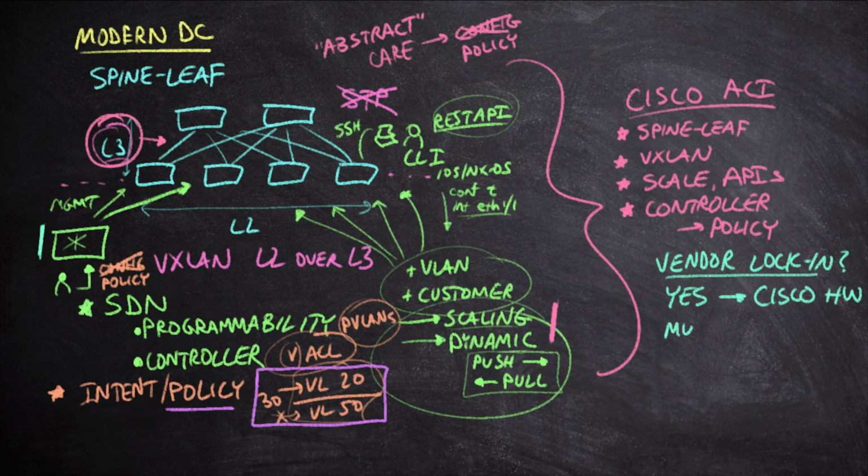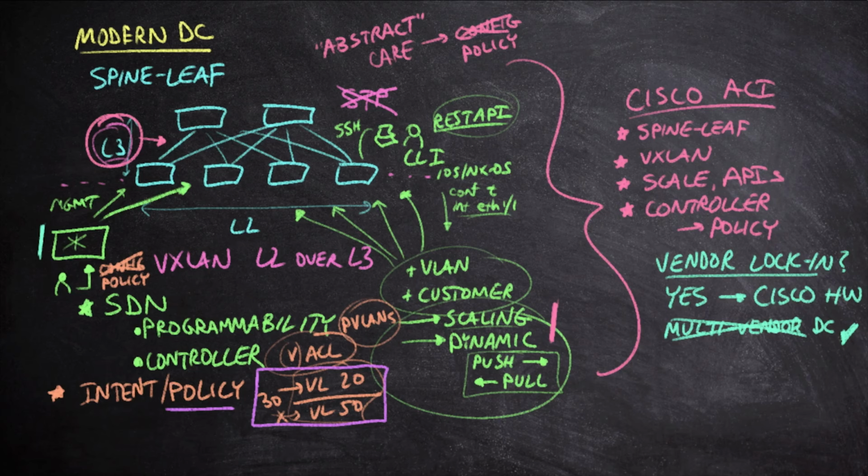But a multi-vendor data center, once again, is sort of just not our reality. It's a reality that we're not going to use multi-vendor. We're pretty much locking into a single vendor, even if we're not going with a Cisco solution.